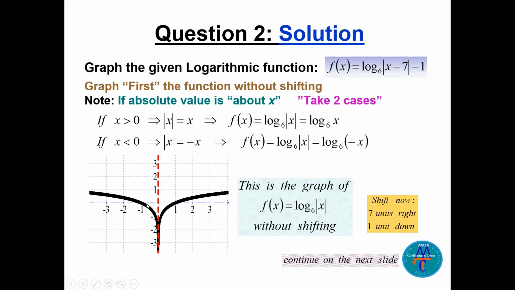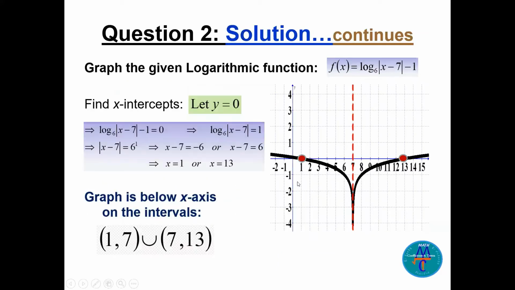That's a reflection about the y-axis. So these 2 pieces together give the function log base 6 of the absolute value of x. Now we can shift to the right 7 units. You see here the vertical asymptote at 7, and then shifting 1 unit down.